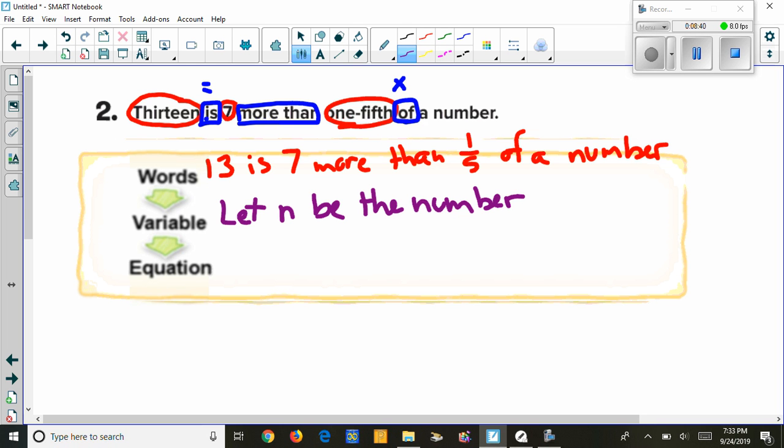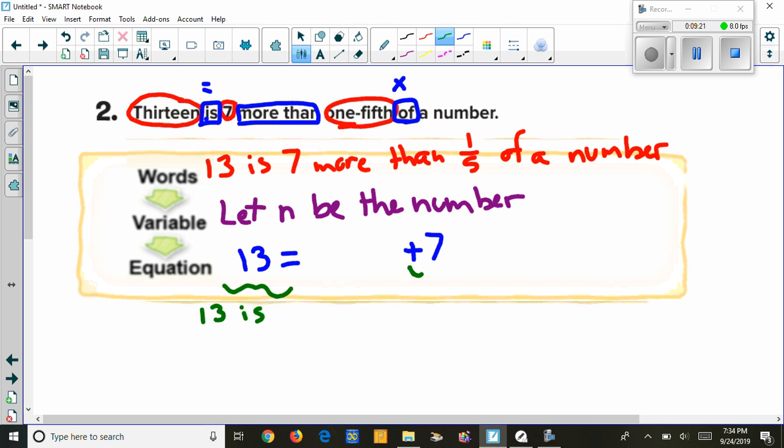And we can piece together what we have. The first part says 13 is. So that's going to be written as 13 is equal to. The next part says 7 more than. What that means is I am going to add 7 to whatever the next statement is. So I'll come back to it. That plus 7 actually is going to go right here.